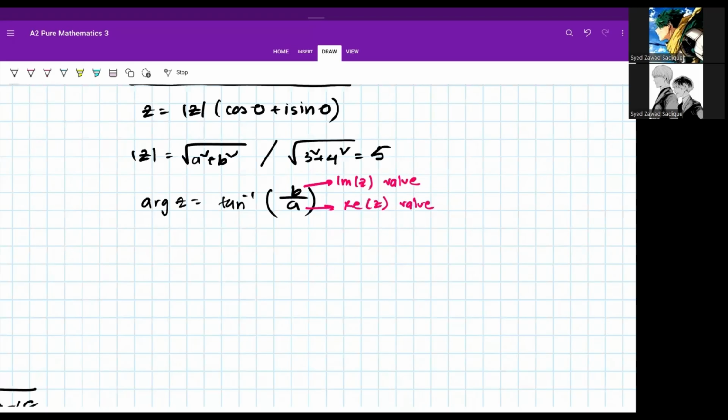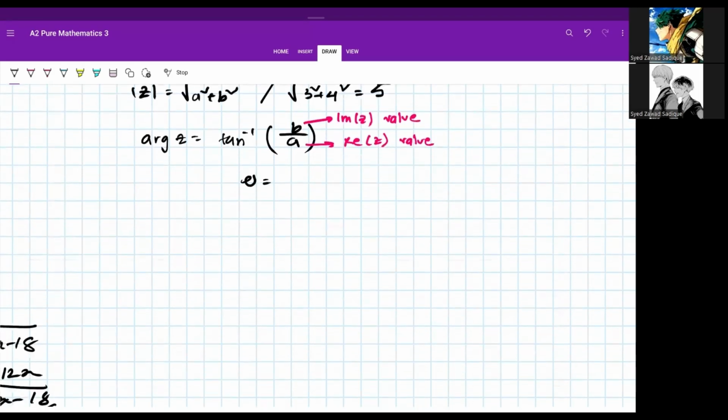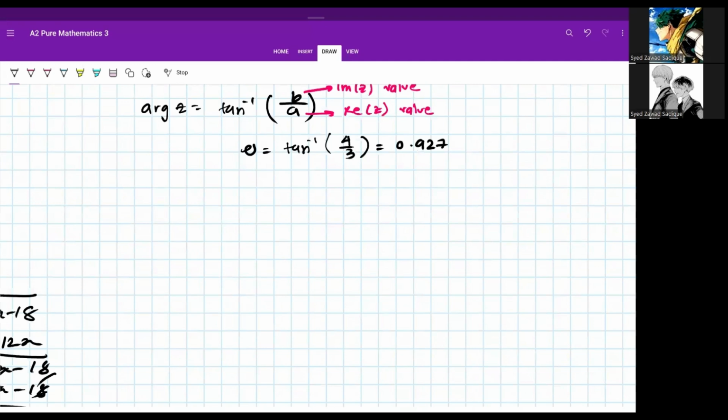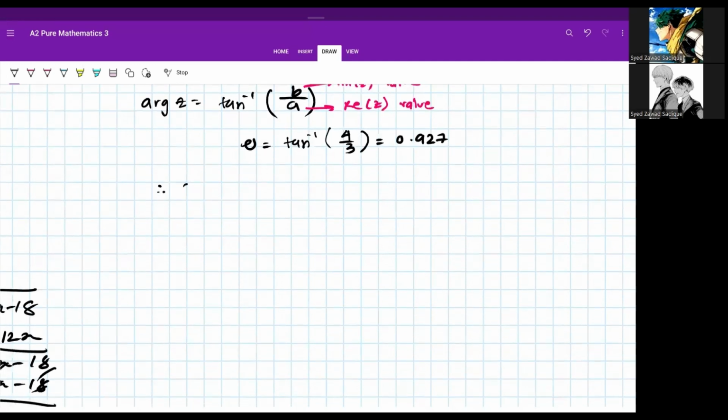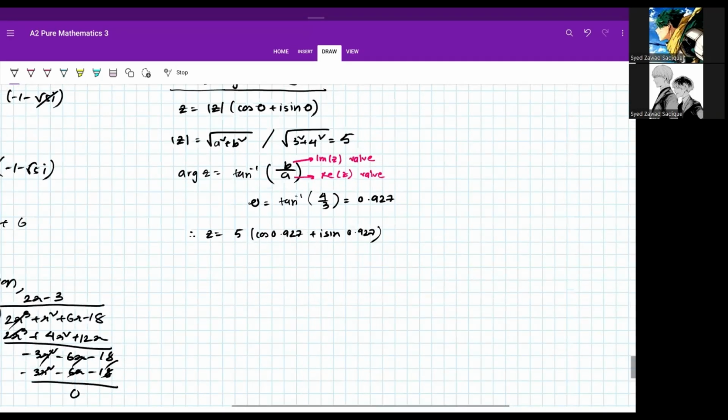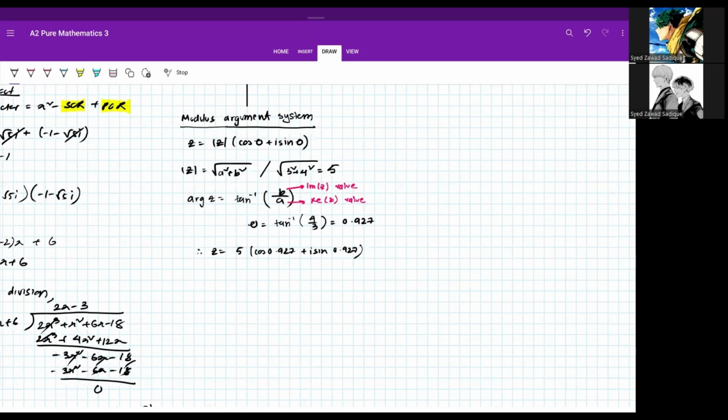So you can say that theta is equal to tan inverse 4 over 3, which is equal to 0.927. Therefore, in this example we can say 5 cos 0.927 plus i sine 0.927. This is the modulus argument system.